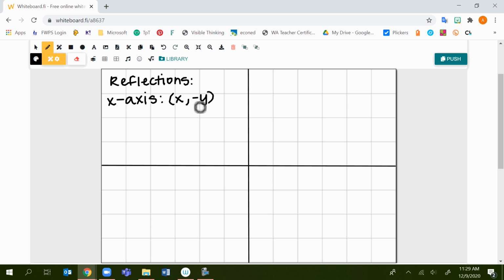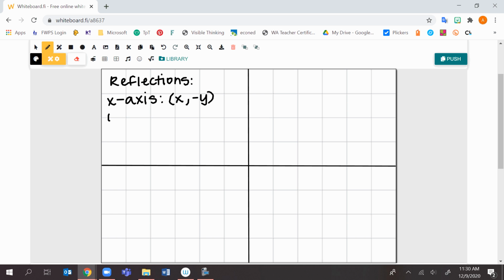So this negative symbol represents that if my y value was originally positive, it becomes negative, and if my y value was originally negative, this negative will cancel it and become a positive. So that's what it means by changing that sign.